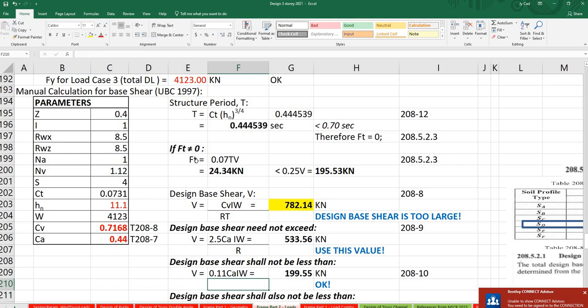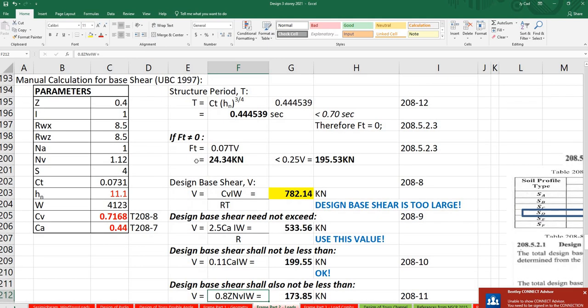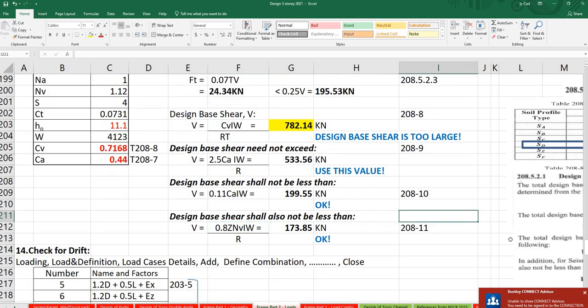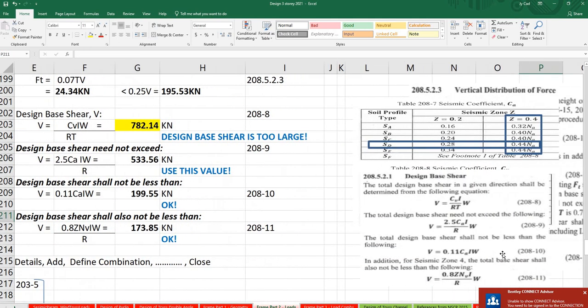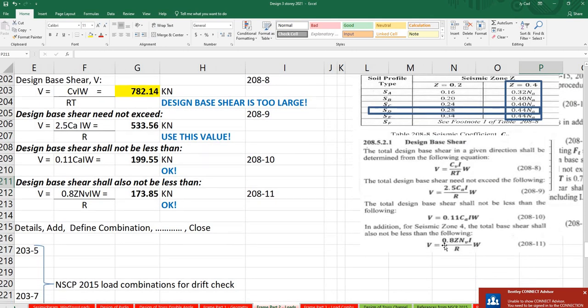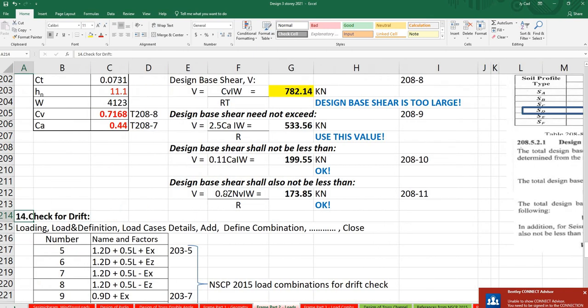Okay, so 199 and then finally 208-11 says shear is 0.8 Z Nv I times W all over R. So lahat yan, conditions na yan, nanggagaling dito sa parameters.